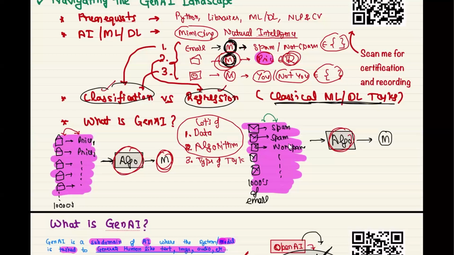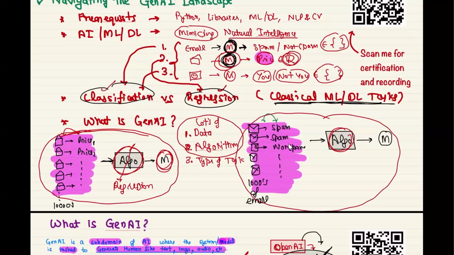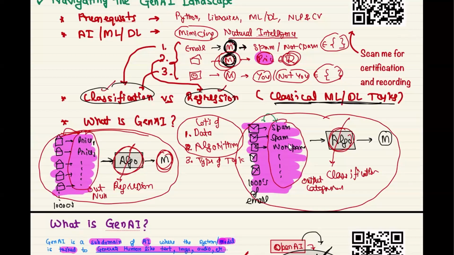For example, in this situation, the type of task this algorithm should solve should be a regression task. Whereas in this case, the type of task I want my algorithm to solve is a classification task. Are you all getting this? Because in the right-hand side example, the output is categorical, whereas in this example, the output is numerical.